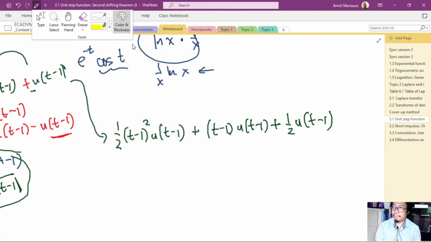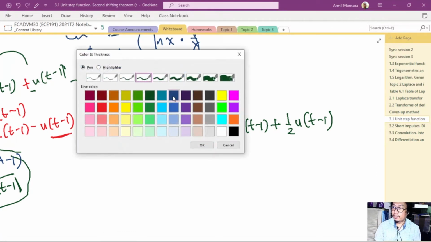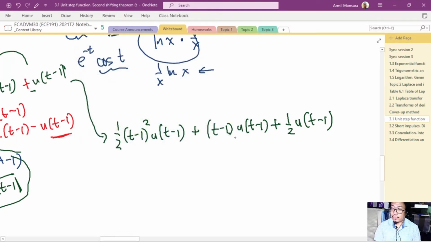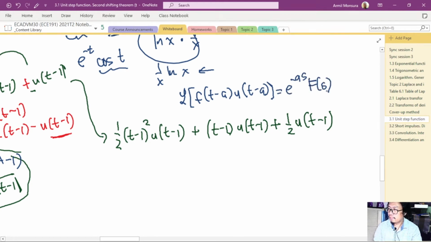That is now the time that we obtain their Laplace transform. Again, the Laplace of f of t minus a, u of t minus a, is e raised to negative as times F of s.